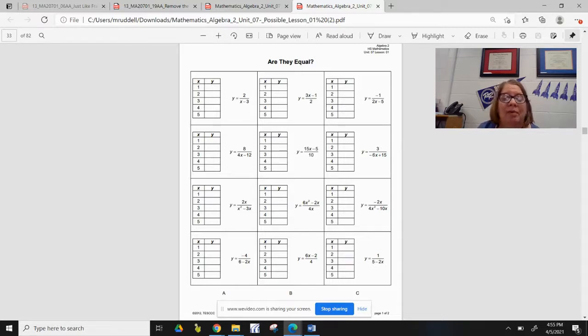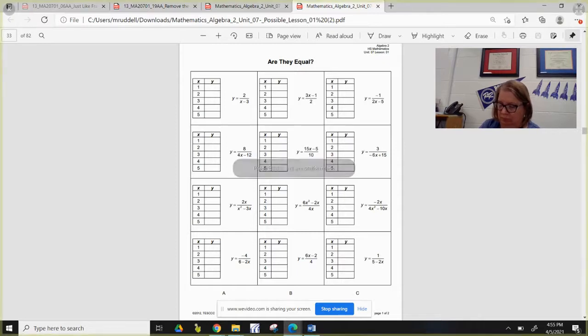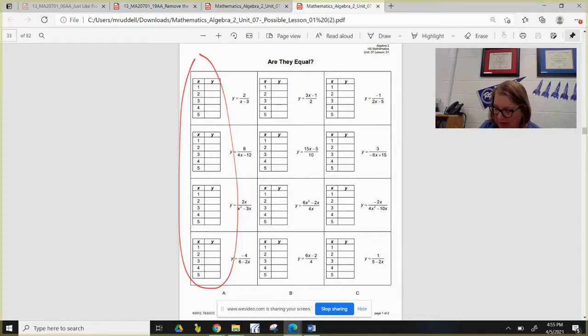But I want you to type in the equation and get the table, and you can get those from Desmos, right? So you're going to type these in. Either do column A, or column B, or column C. You don't have to do all 3.